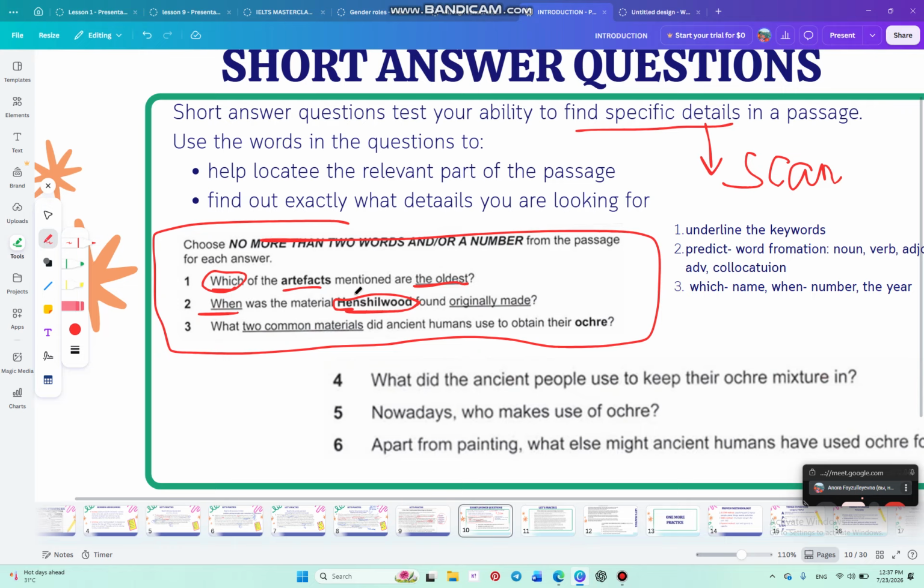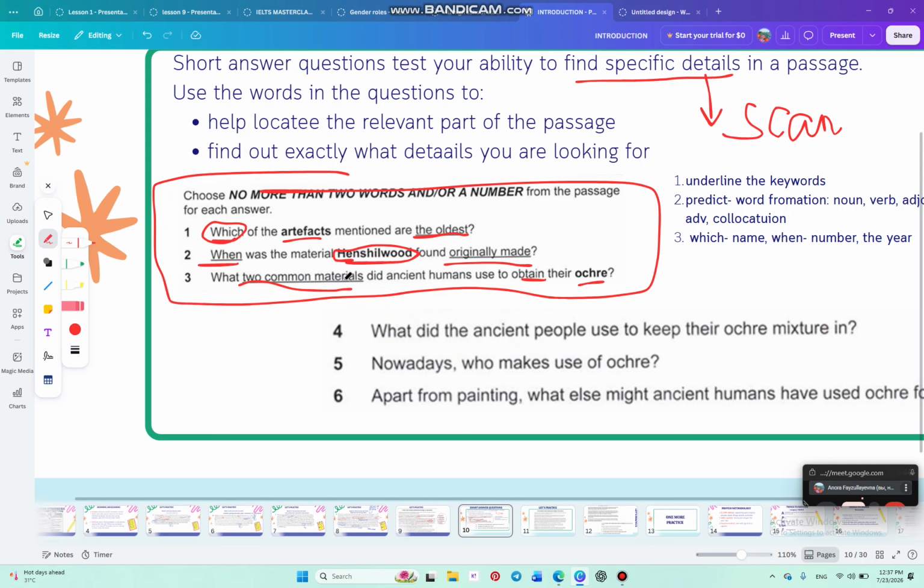So we have to look for the Henschel food material and when it was first made. And for the third one, two common materials that ancient humans used to obtain ochre, maybe tools that humans used in the past to get the ochre.